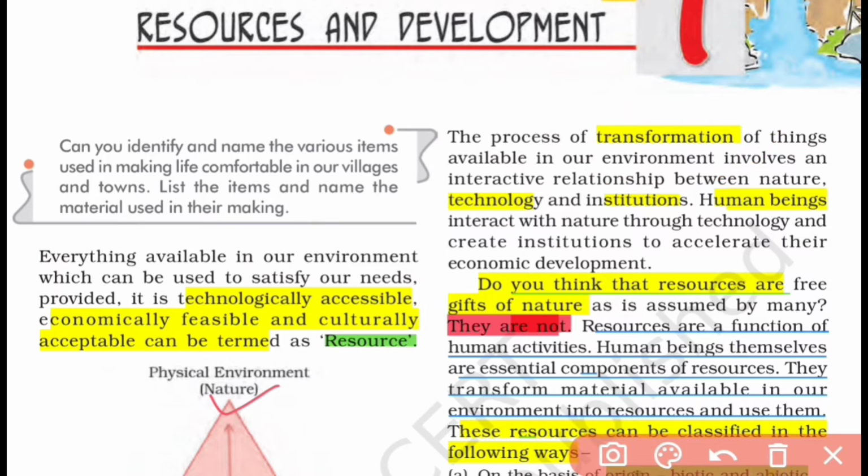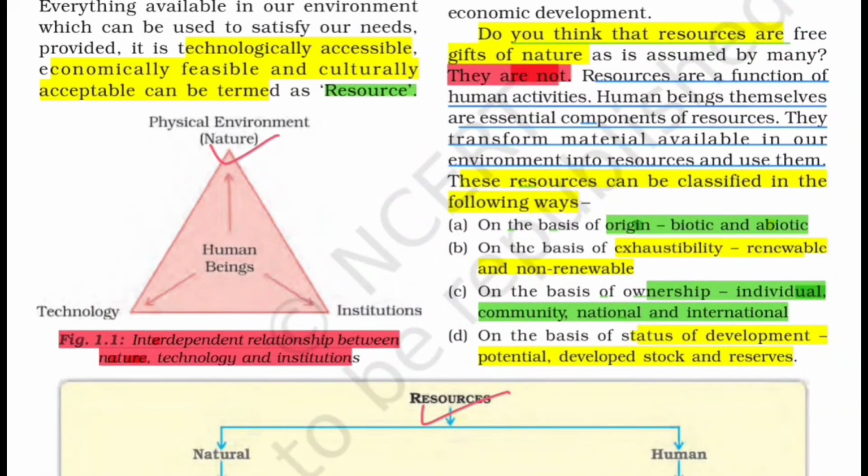Now, what are those 4 things? Human beings, then institutions, then technology, then nature. So, these 4 things, interdependent relationship, we are going to learn in this diagram.